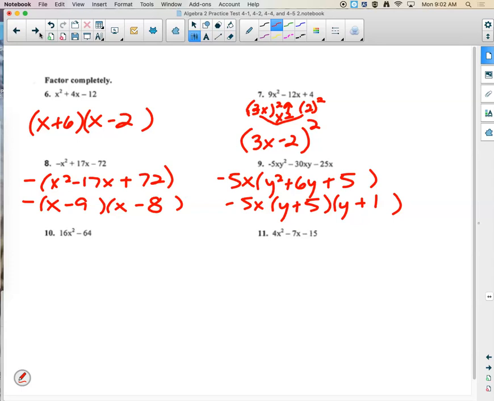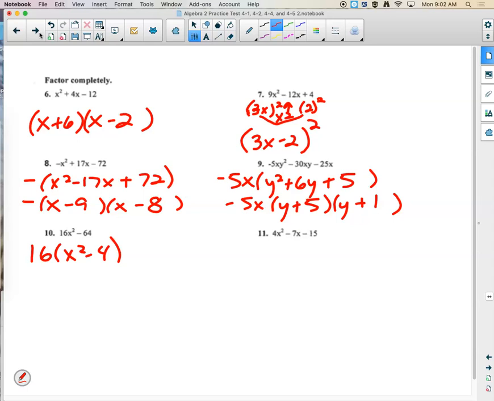Number 10, do we have a greatest common factor? We do, don't we? 64 divisible by 16. Let's check. Well, looky there, it is. So we need to take that 16 out of there.